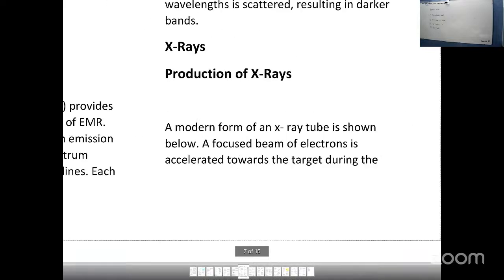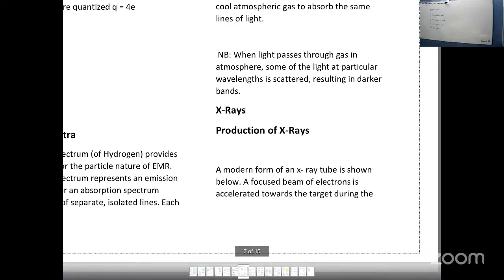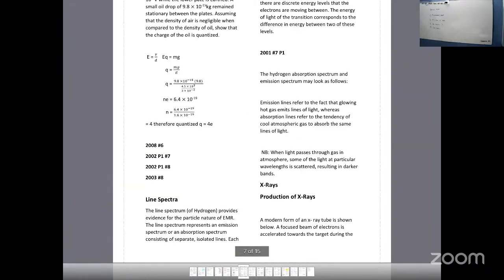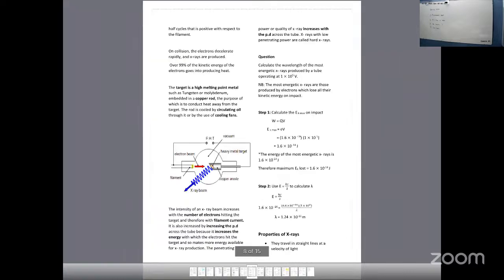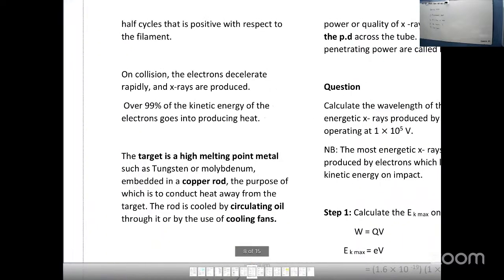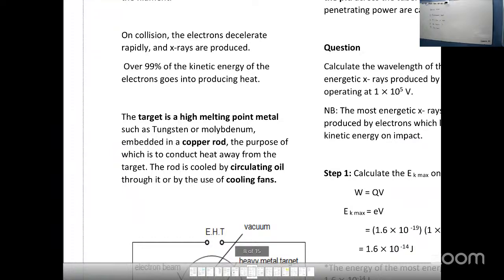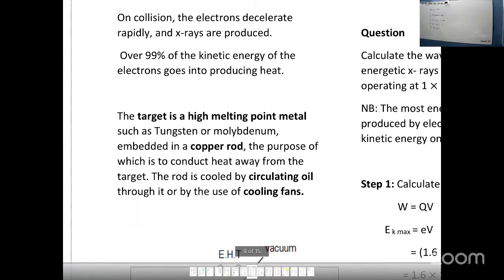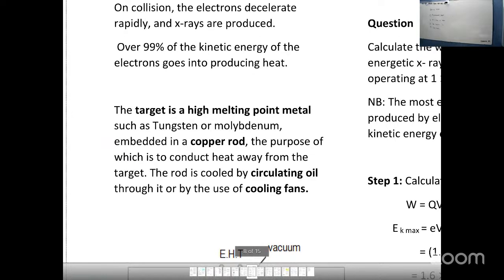So the modern form of X-ray tube is shown below. A focused beam of electrons is accelerated towards the target during the half cycles positive with respect to the filament. On collisions, the electrons decelerate rapidly and X-rays are produced. But here's the problem: 99% of the kinetic energy goes towards producing heat.